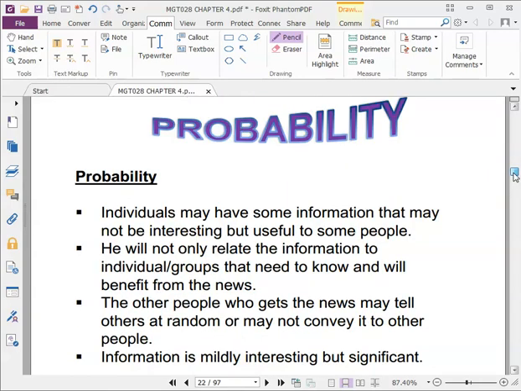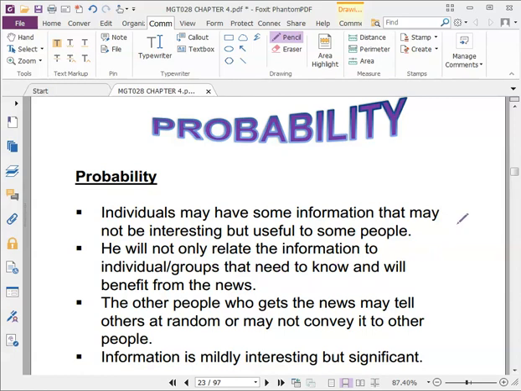Okay, so how about probability? Okay, probability is individual. Individuals may have some information, okay, that may not be interesting but useful to some people. He will not only relay the information to individuals that need to know and will benefit from the news.